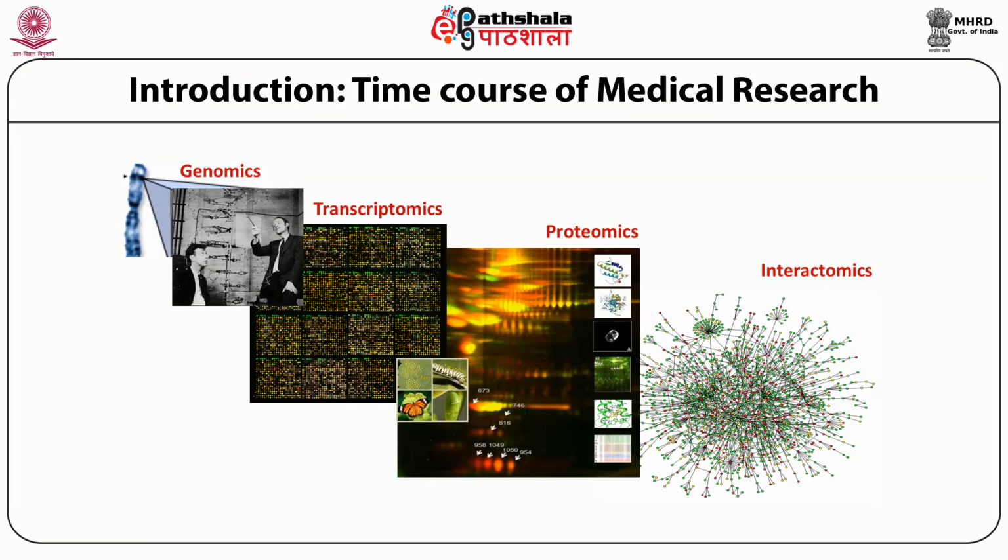Time course of medical research. From the very beginning, when Mendelian experiments confirmed the concept of inheritance, and subsequently when the DNA structure was solved by Watson and Crick, genomics came into emergence. Large-scale DNA sequencing has provided vast nucleotide sequence data that builds the genome of various living organisms like plants and animals, including man.